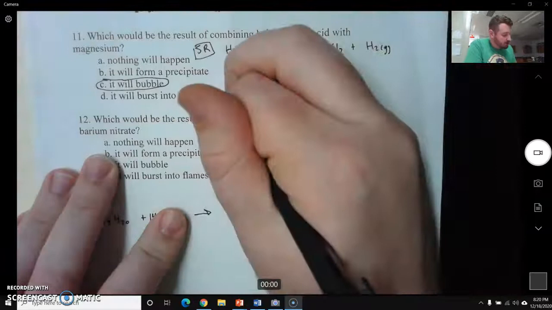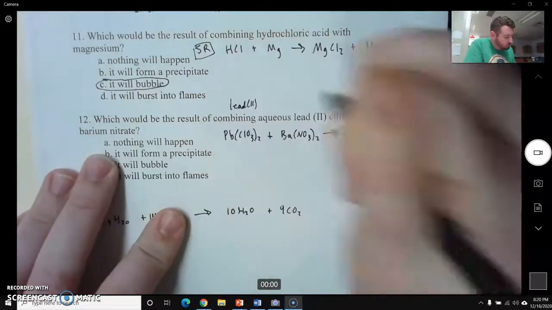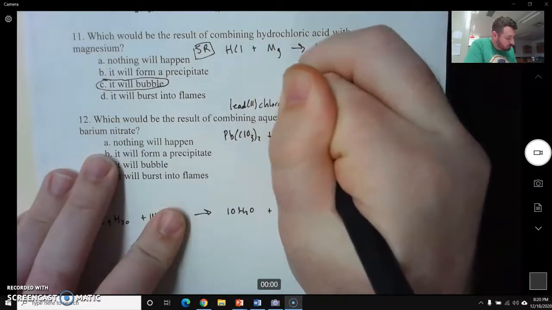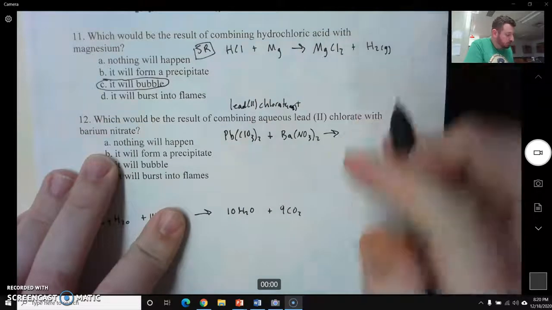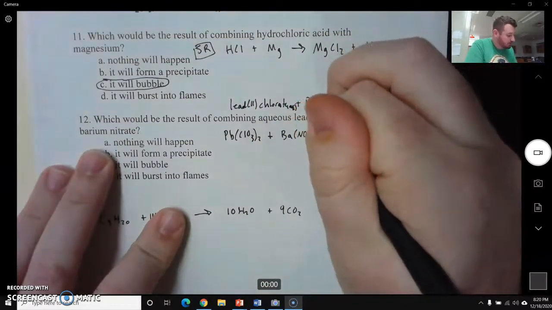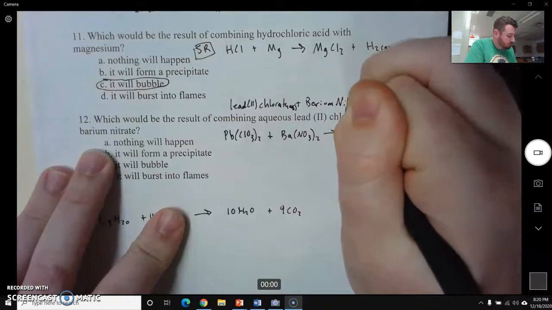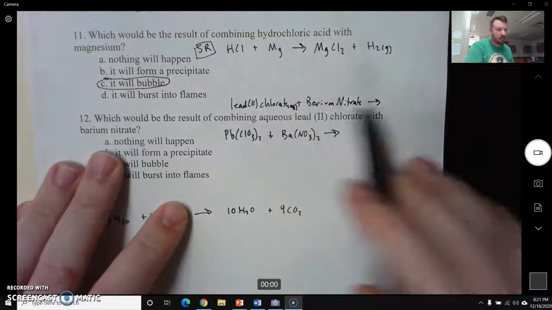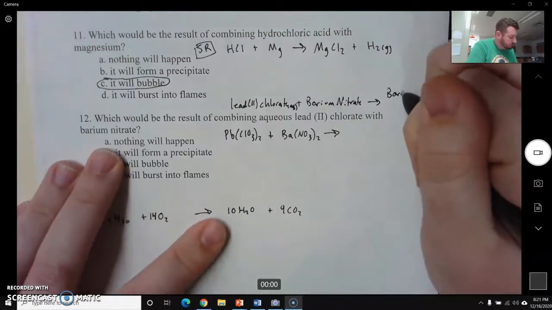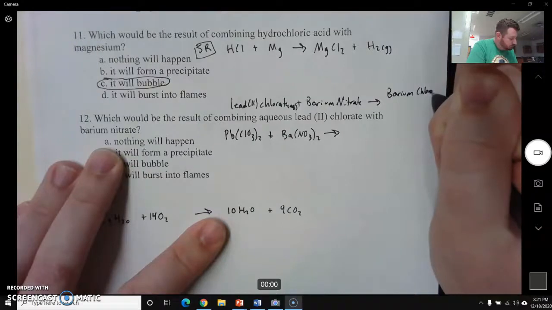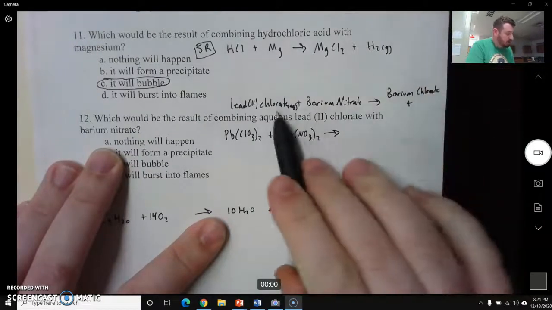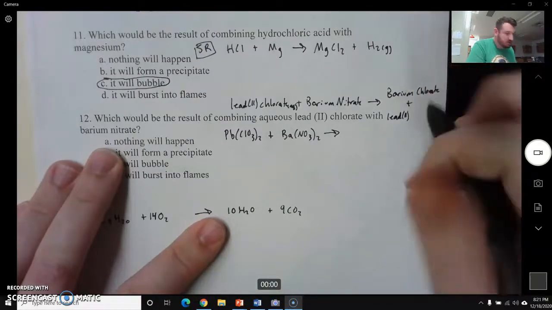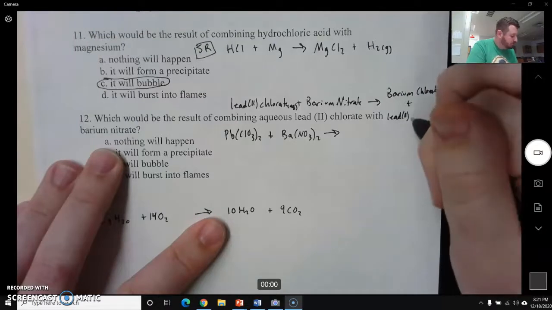We have lead chlorate, aqueous, plus barium nitrate, and our products will be barium chlorate and lead nitrate. That's a 2 in there, lead with a Roman numeral 2.